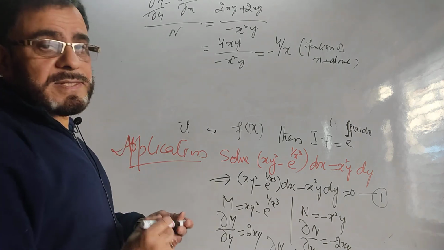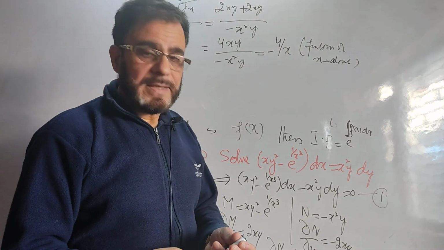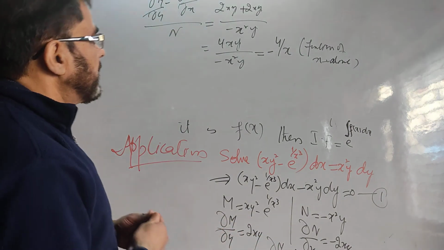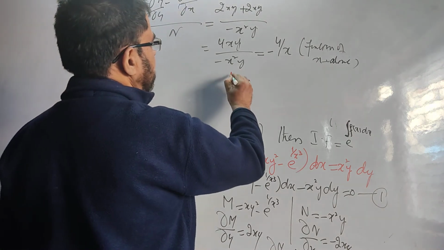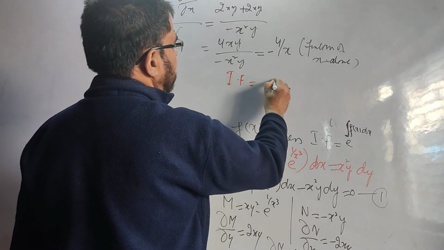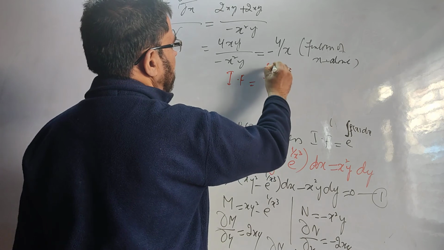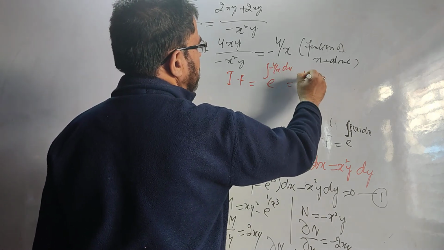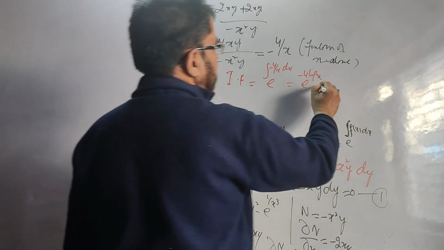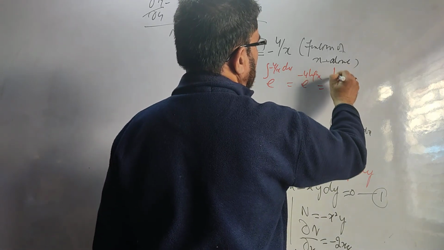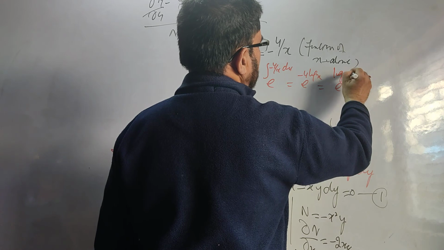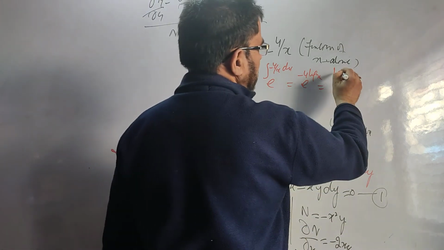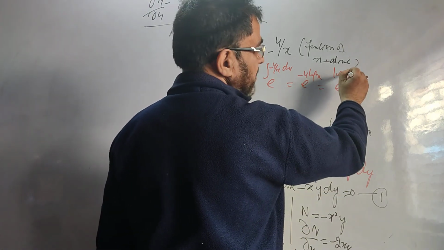So in this case, the integrating factor is e raised power integral of minus 4 by x dx. That is e raised power minus 4 log x. That is e raised power log of x raised power minus 4 to the base e.